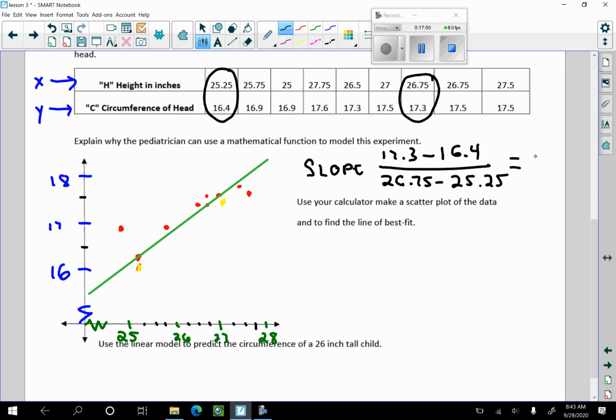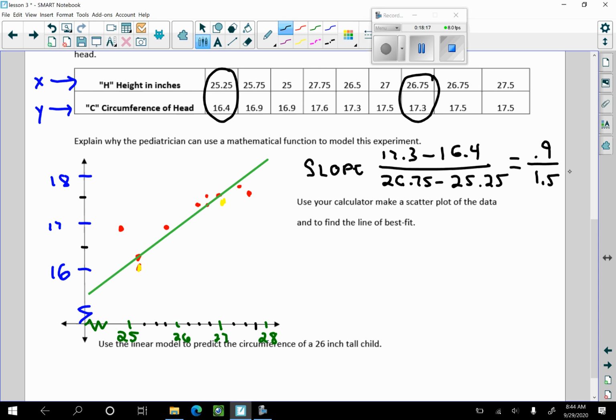So that's going to be 0.9. And what is 26.75 minus 25.25? That's going to be 1.5. So let's take our calculator and figure out what that slope is as a rational number.